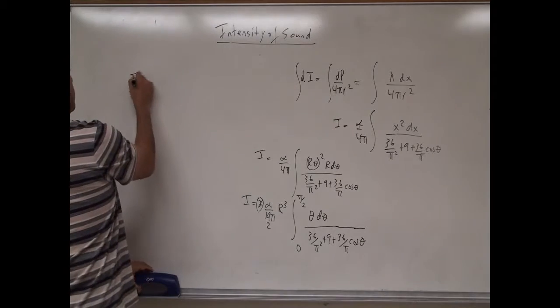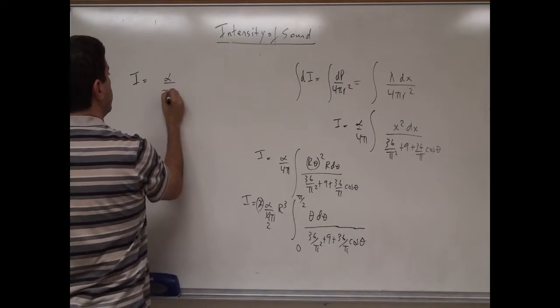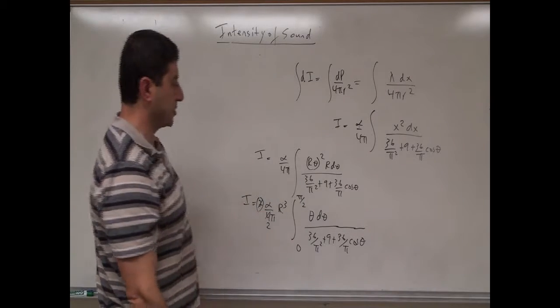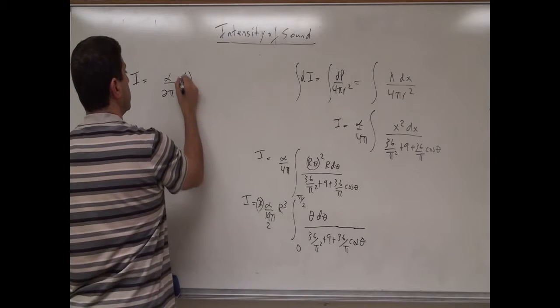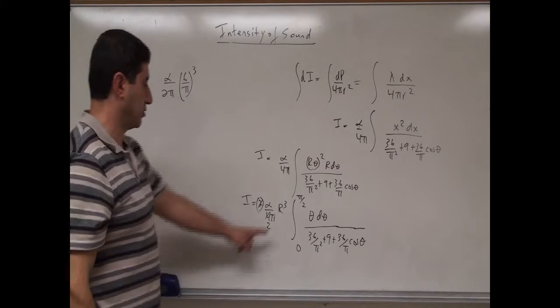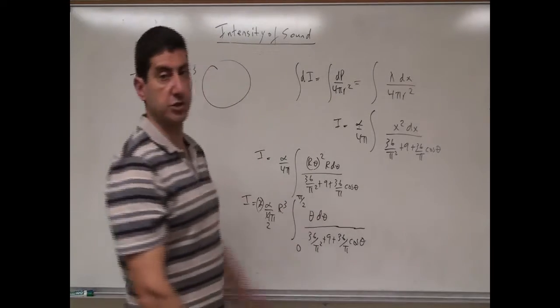So you're going to have I equal to alpha over 2 pi, and where the r is, you can put 6 over pi again. So 6 over pi quantity cubed, right? You have to cube that, and then multiply that by whatever the integral comes out to.